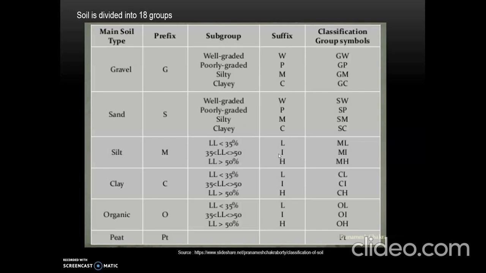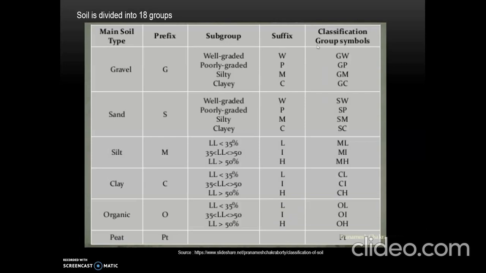And I is the suffix used if liquid limit lies between 35 to 50%. So that means liquid limit should be within 35 to 50%. And suffix H is used if liquid limit is greater than 50%. Similarly, L, I, H is used for clay and even for organic soil.